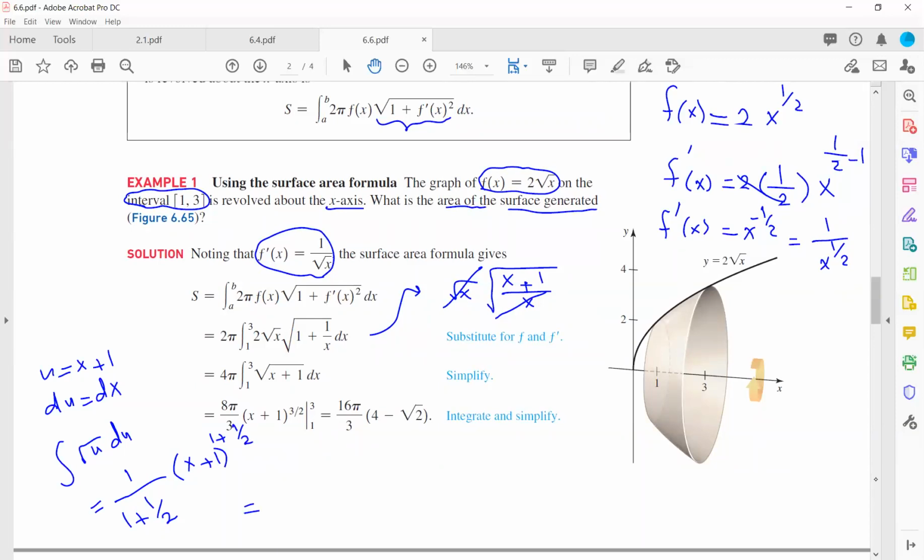So this is equal to 1 over 3 halves, 1 plus x to 3 halves. You have to multiply it by 4 times pi. So 4 times pi times 2 over 3 gives you 8 pi divided by 3, and you have 1 plus x raised to 3 halves. You plug in 3, you plug in 1, and simplify to get the surface of revolution.